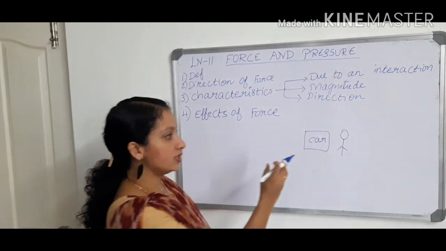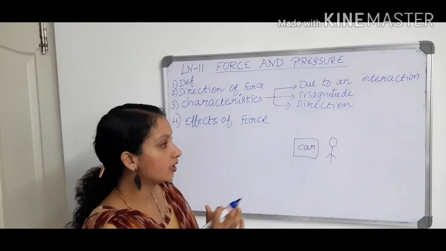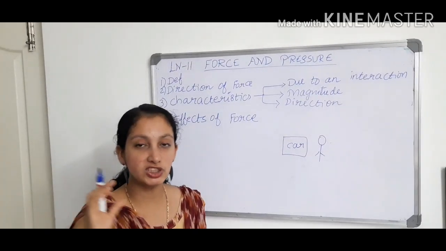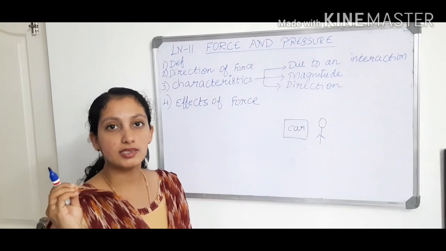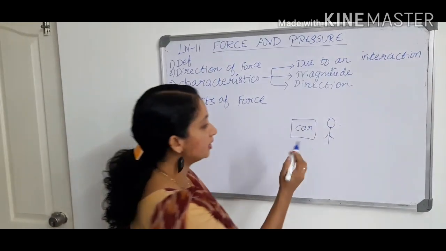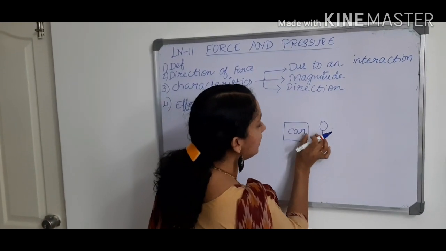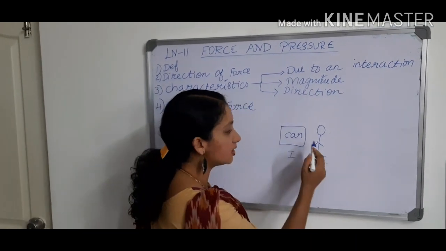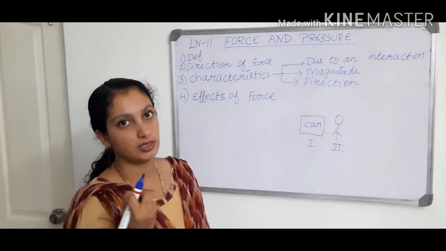If the engine of this car is not working, it requires manpower, pushing the car to start it, right? So when there is no interaction between the first object and the second object, no force is applied.